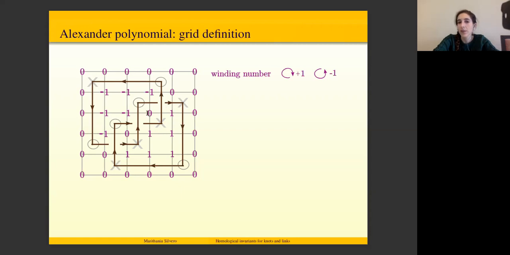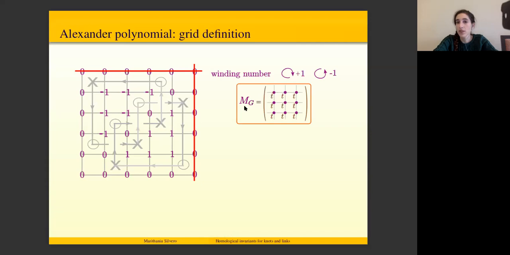And here, for example, we have 0, because this curve is not going around it, it doesn't close, the 0 is out. And with this part of the curve, the same happens. So here the winding number is 0. So, we have this for each intersection point in the grid.